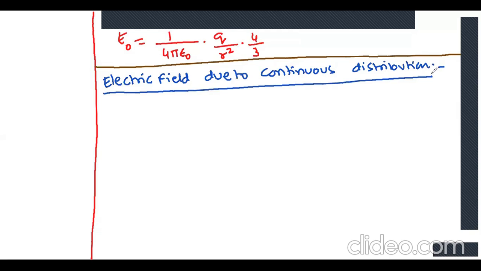Suppose I'm having a conductor, whatever be the shape, either square or rectangle or circle, anything. If at any region of the conductor the distribution of charge is same, then we can say it is continuous.